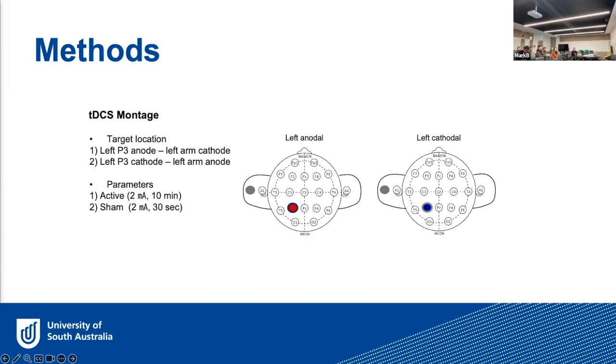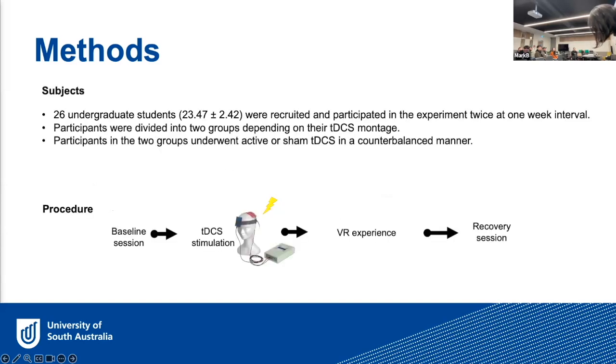And the sham condition is there to remove the placebo effect. If people feel like they're being treated, then even though it is a fake one, they feel like, oh, I'm getting better. So to reduce that placebo effect, we added a sham condition as well.